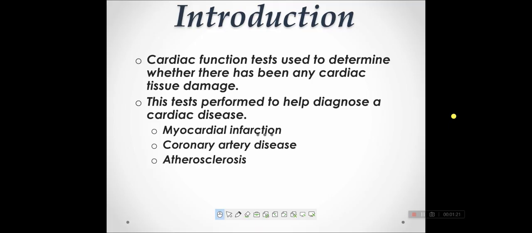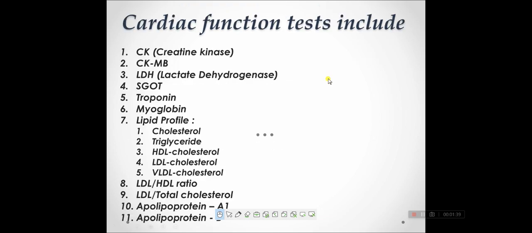They show up in the blood after the heart has been under severe stress and becomes injured because it is not getting enough oxygen, etc. It is performed to help diagnose different types of cardiac diseases such as myocardial infarction, coronary artery disease, and atherosclerosis. Right, so what all is included in the cardiac function test?